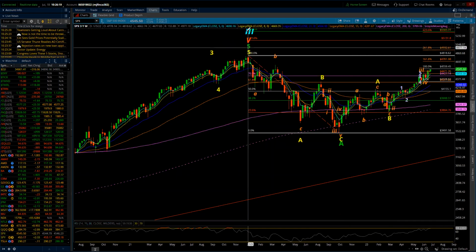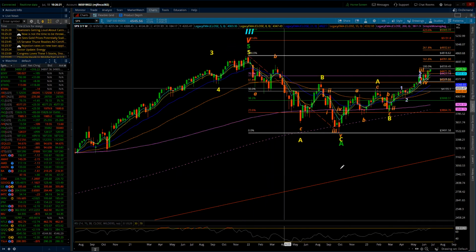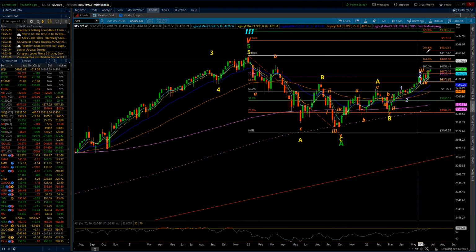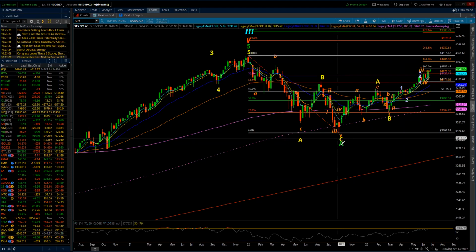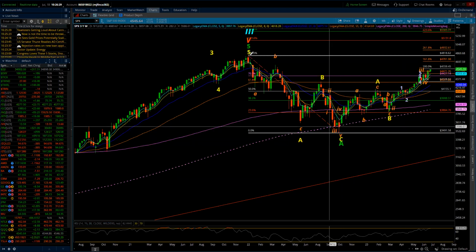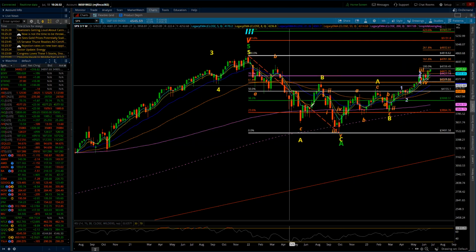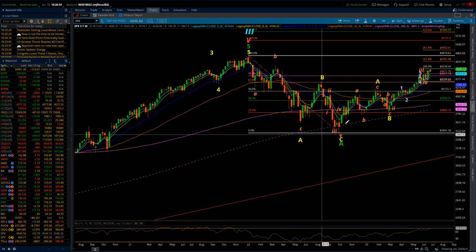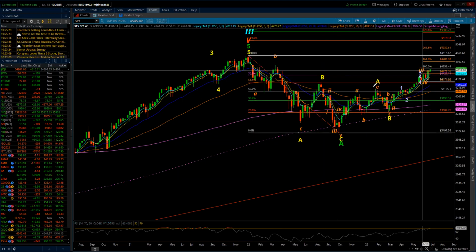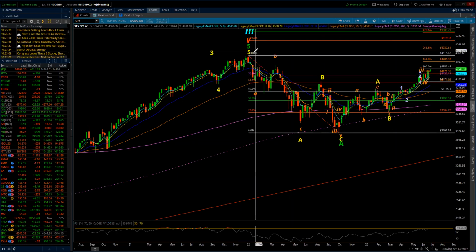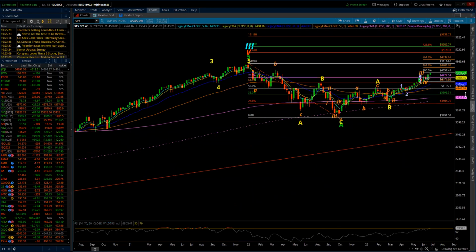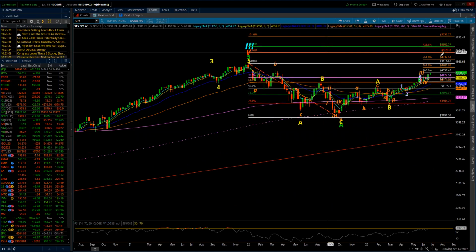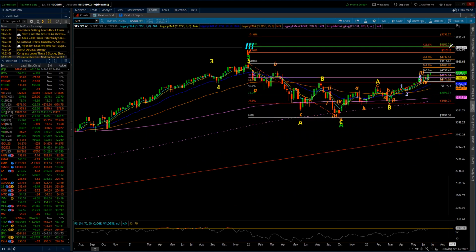Now remember, this cycle wave A is going to consist of a primary A, B, and a C. So my view is, and has been, I put my fibs up here to show where this B wave can get to, and also to discuss the possibility that if it's an irregular B wave like the Dow did in 2008, we have potential to get up above 5,000.